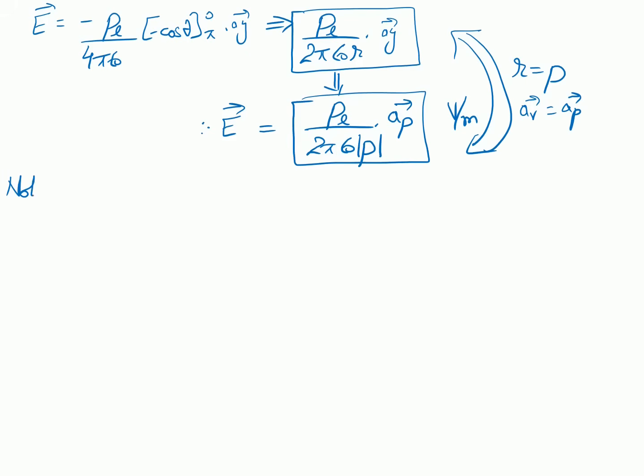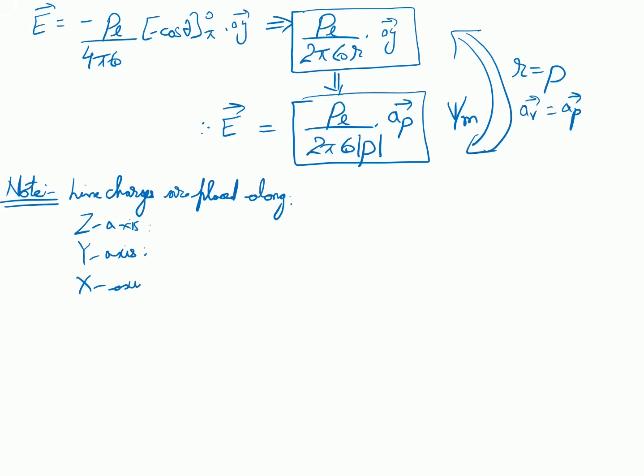Another point to remember whenever we are dealing with line charge, a note, is that if the line charges are placed along the z axis, the y axis, or the x axis, then their respective components will vanish.